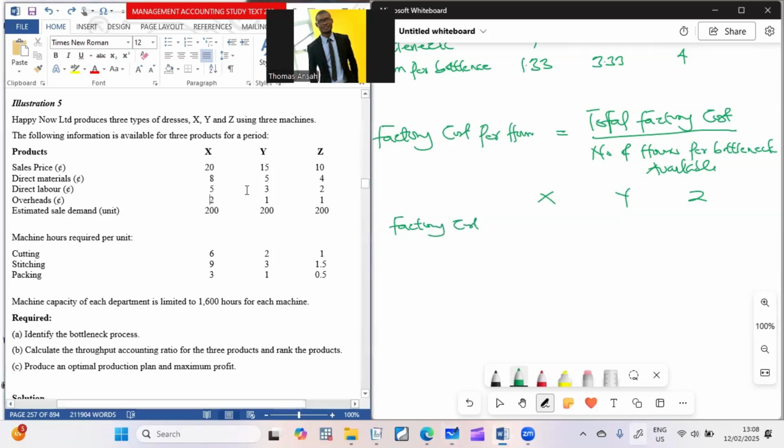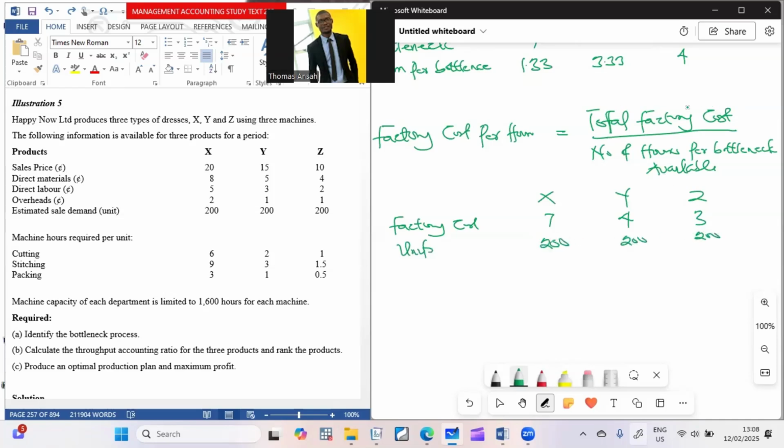You have 1, 2. So X is 7. That is 5 plus 2. Then this one will be 4. Then this one will be 3. Any other cost apart from the direct material is a factory cost. So these are per unit. But the units too, we know the units are 200, 200, 200.